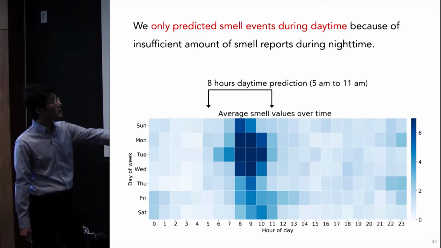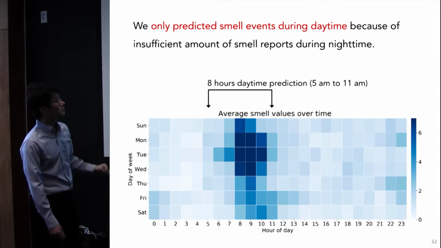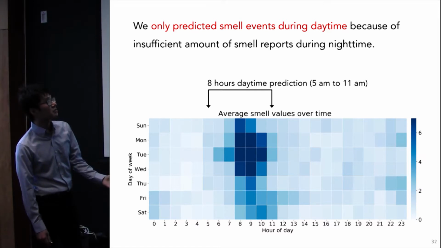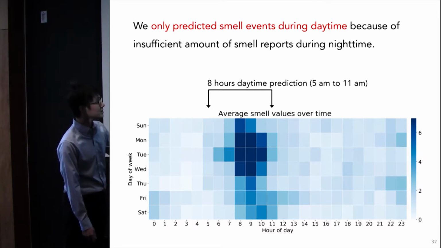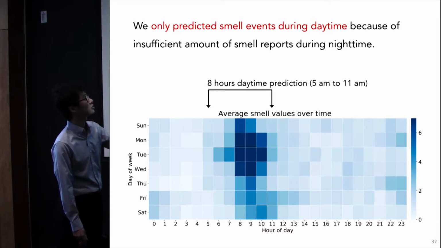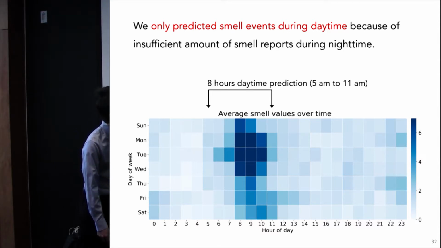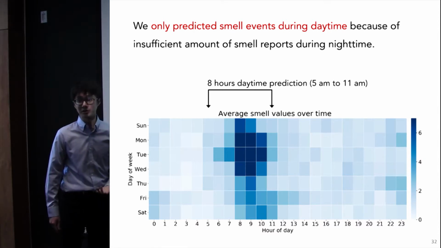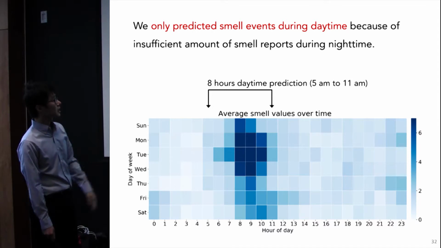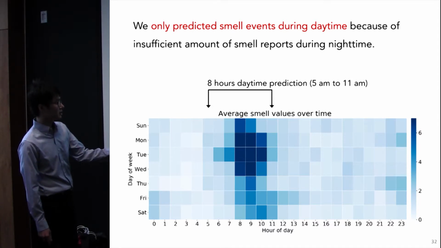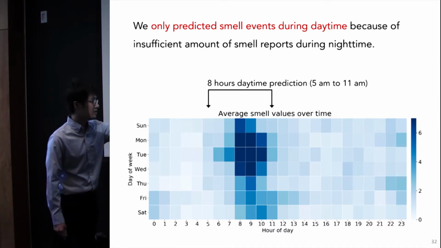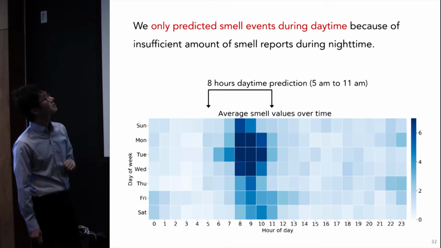So when we are doing the 8-hour prediction, we do it from 5 a.m. to 11 a.m. And this covers the time from 5 a.m. to 7 p.m. because we are doing an 8-hour prediction. And the reports are concentrated around 8, 9 a.m.